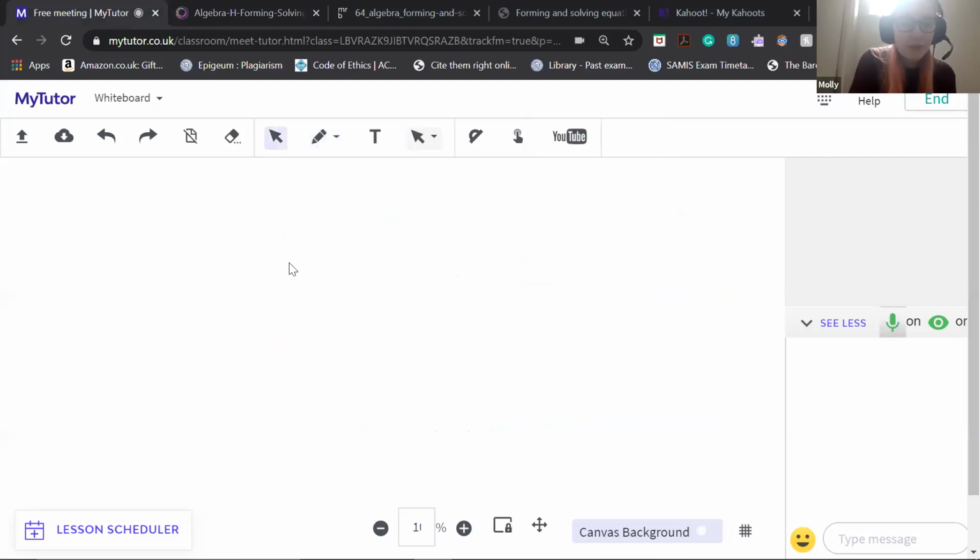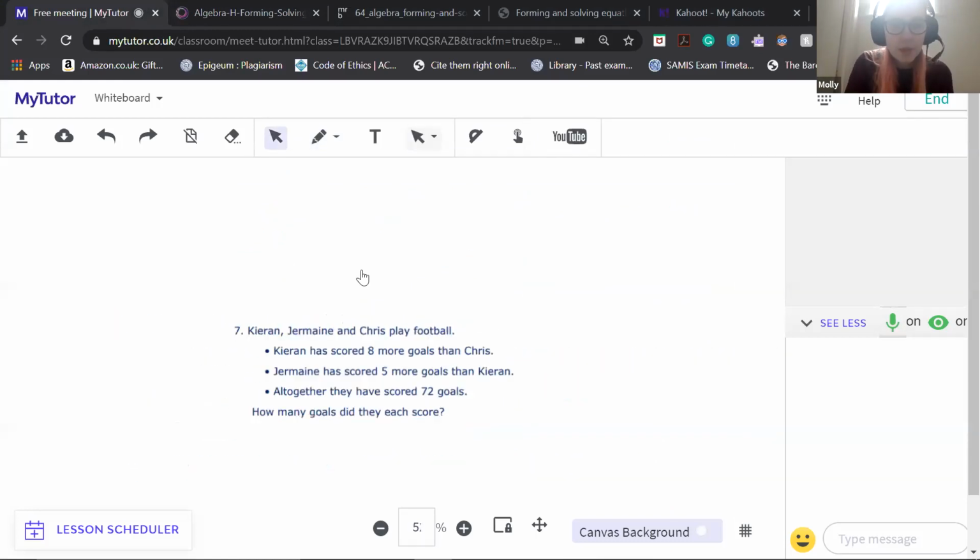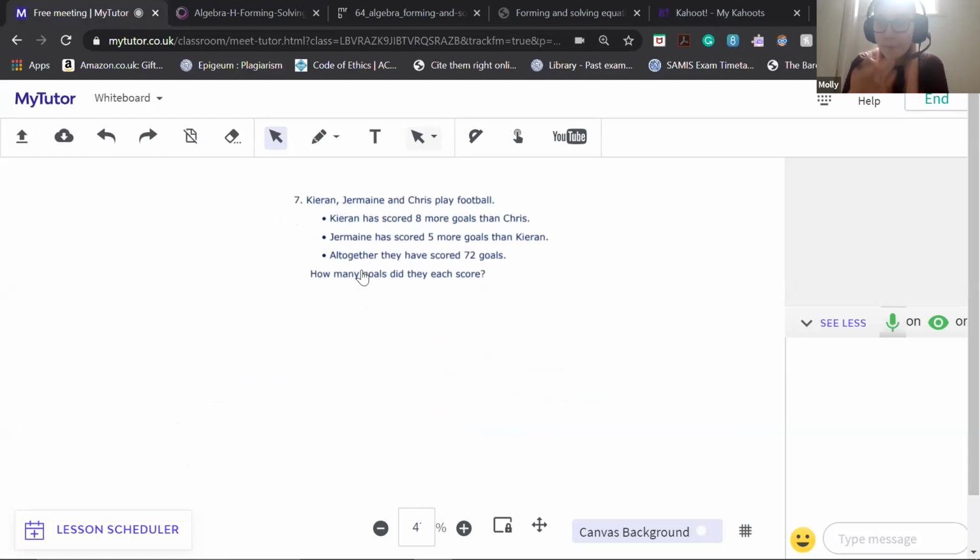I'll try to increase them in difficulty as we go. So here's one, not a geometry one, but still a forming and solving equations question. I just got 2 messages at once, someone saying to go quicker, someone saying to go slower. I'll do the first ones a little bit slower and then try to go a bit quicker.